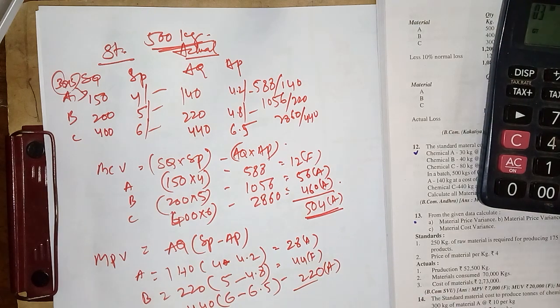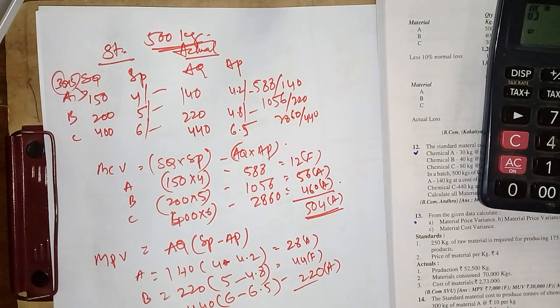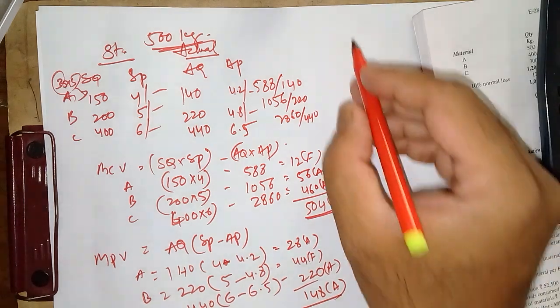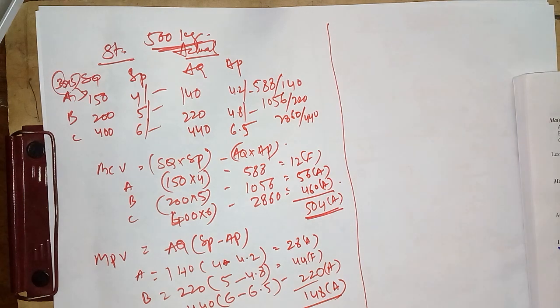So 220 minus 28 minus 44. So 148A is our answer, MPV. Once you get MPV, you calculate the other variances.